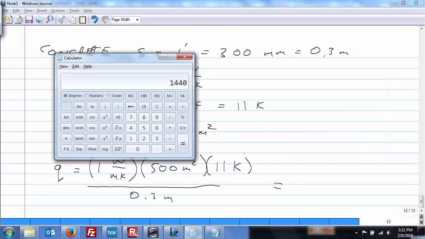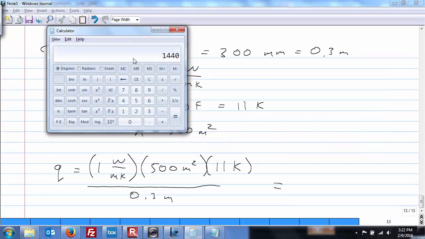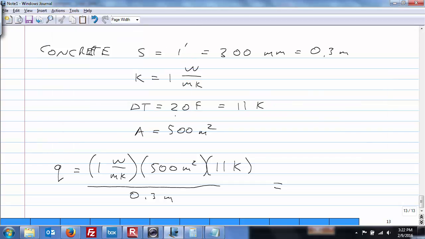Double check my math here. So 500 times 11 divided by 0.3 equals 18.3 kilowatts. Yeah, 18 kW.